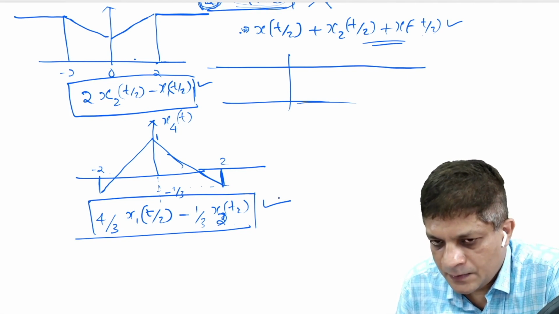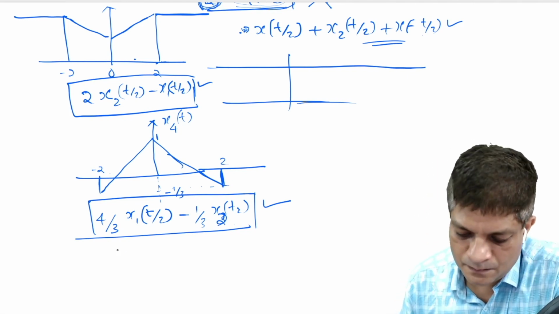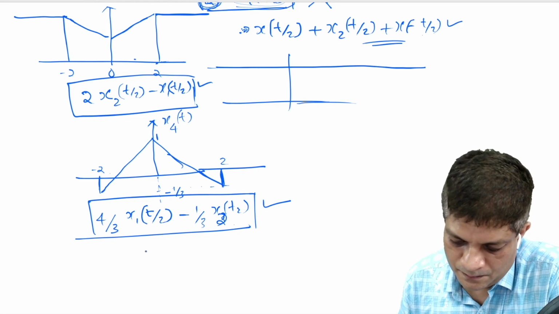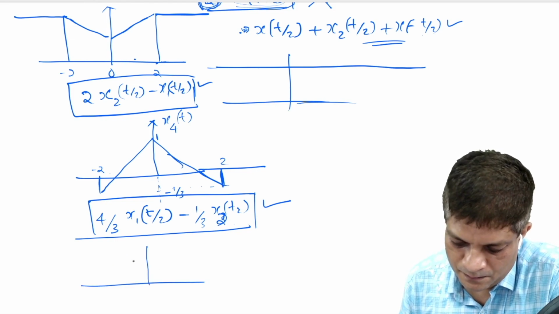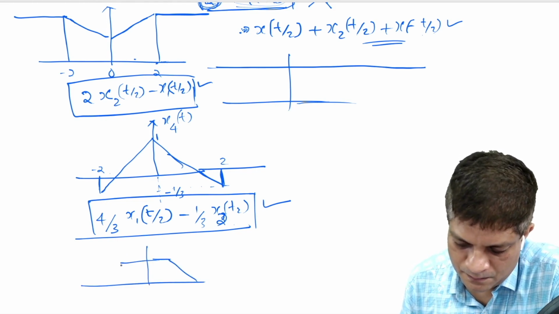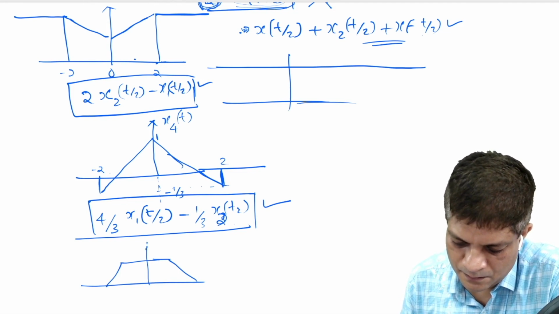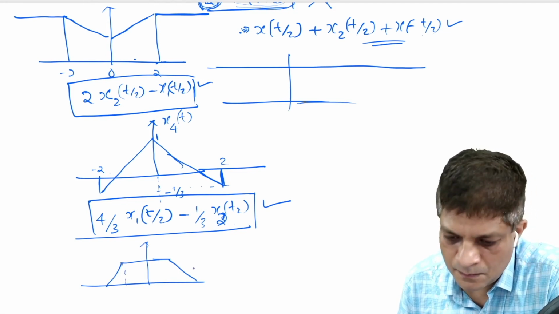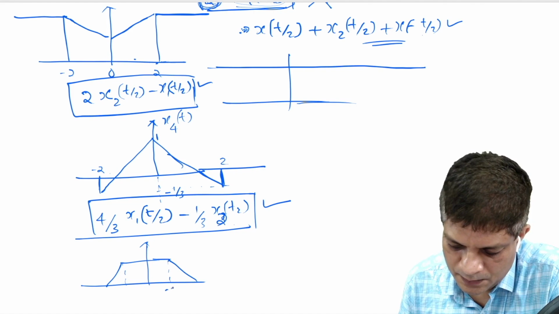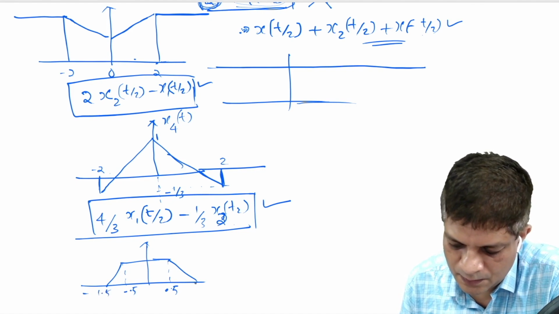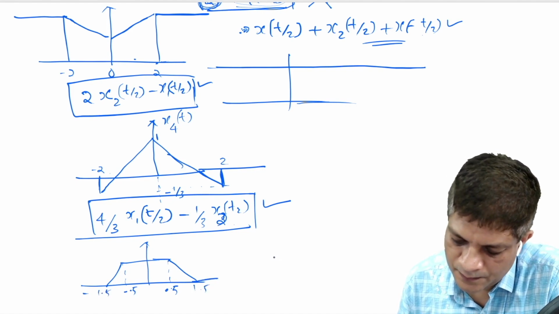What about x5(t)? So x(t plus 1.5) plus x(minus t plus 1.5) plus x2(2t), let me put 0.5 minus 0.5 minus 1.5, 1.5.